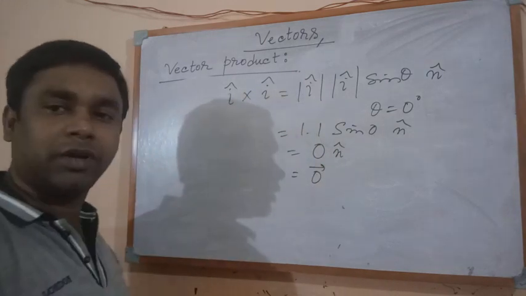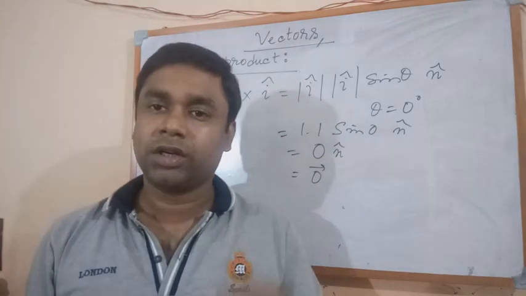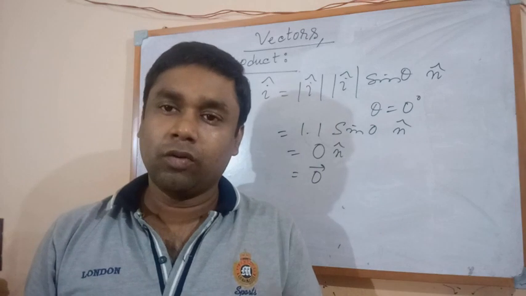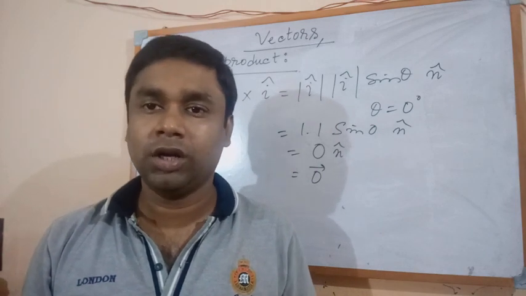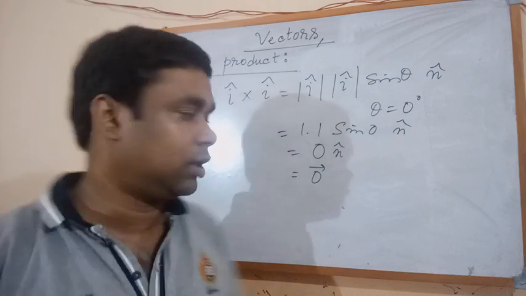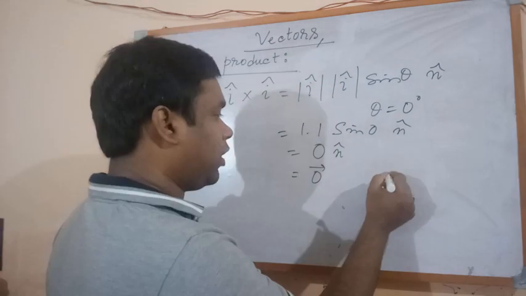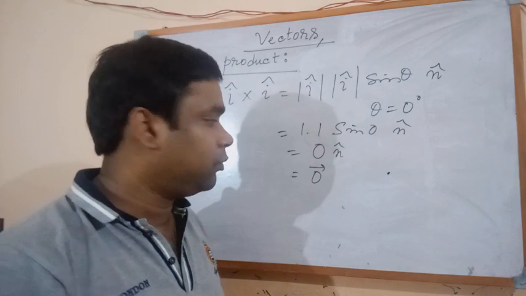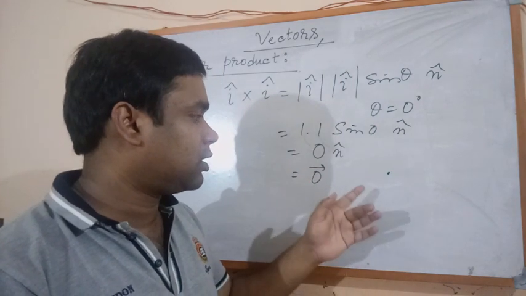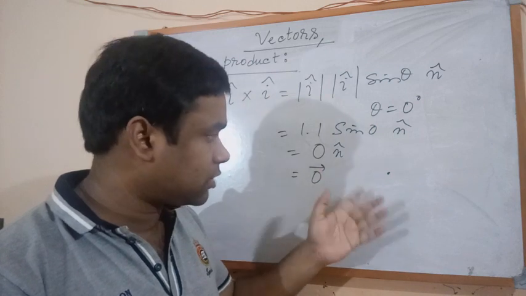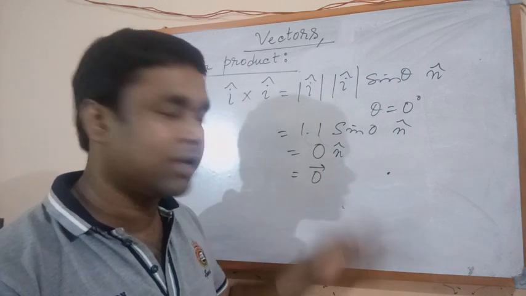We know that a 0 vector is a vector which has the value 0 and no specific direction. Actually, a 0 vector has no specific direction, and it also has no length, so it has no magnitude.